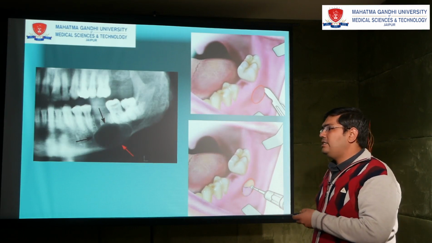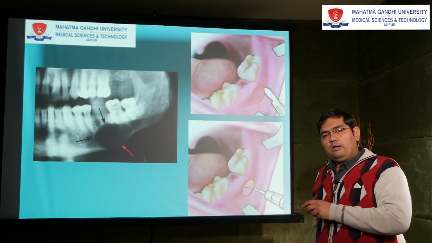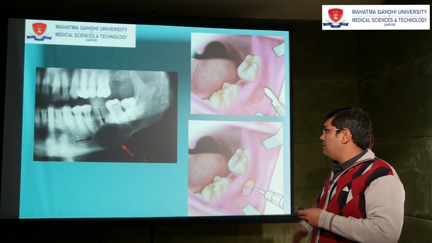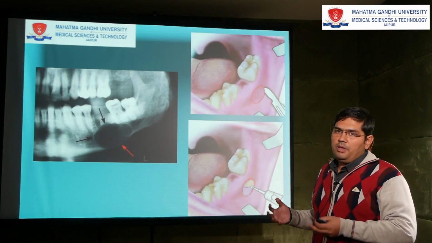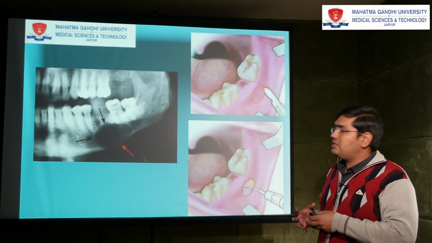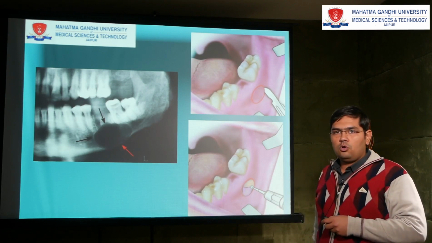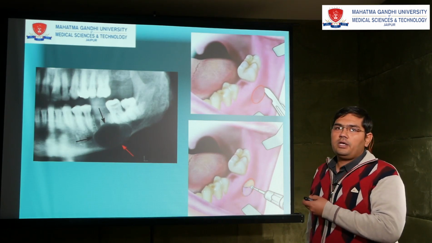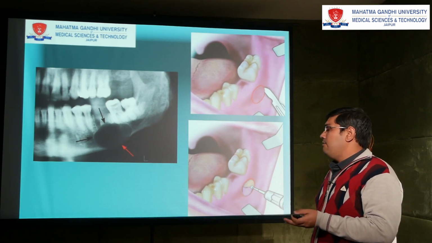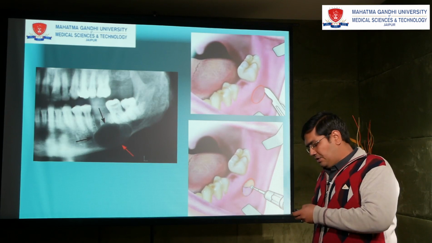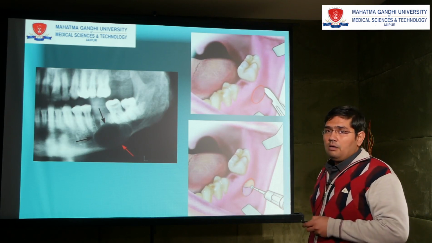That is, initially the large cyst is treated by cystotomy, we give it some time to heal. It shrinks the cyst size, and when it becomes small enough to close primarily, we enucleate it and close it. By this method we reduce the treatment time associated with marsupialization.